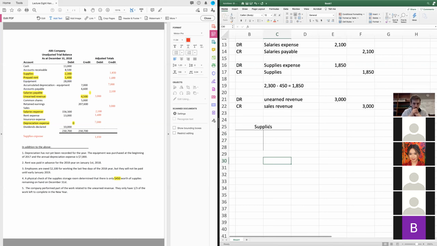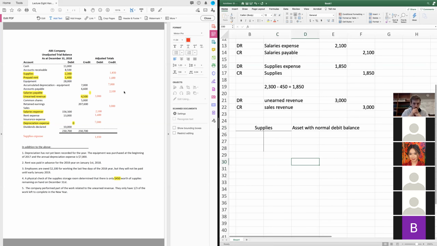Supplies is an asset with a normal debit balance. Take a look at the unadjusted trial balance here. The supplies is 2,300. So if it's a debit, which side should I put the number on, left or right? Left. 2,300. It's a debit balance, so left.